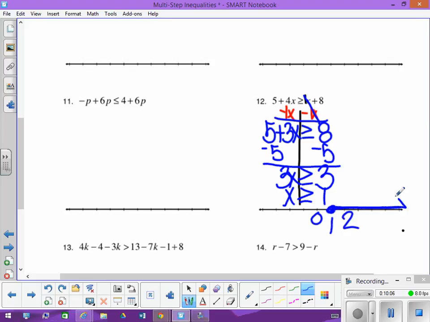So we did have a closed circle because of that. I mainly just want to point out this one and show you that even though you may move either term, if you will start with the smaller one, you will start with the smaller x, it will prevent some issues.